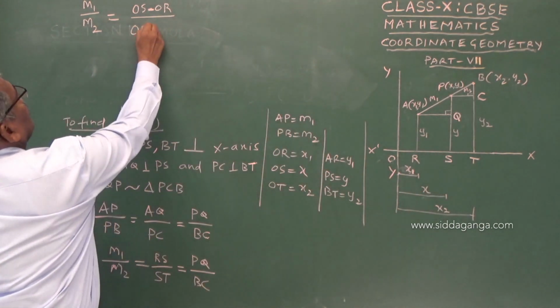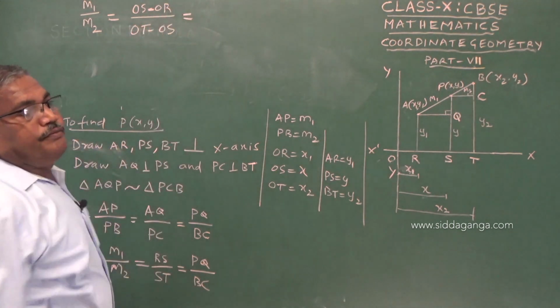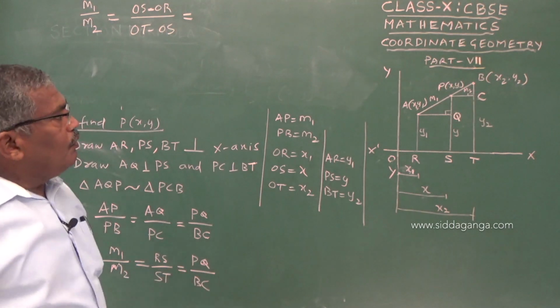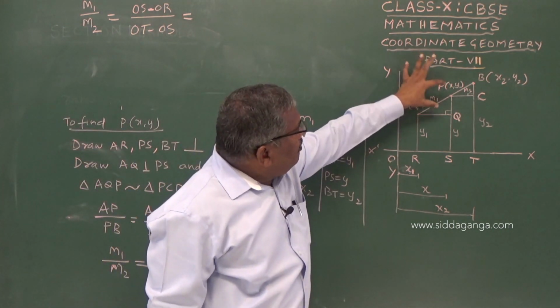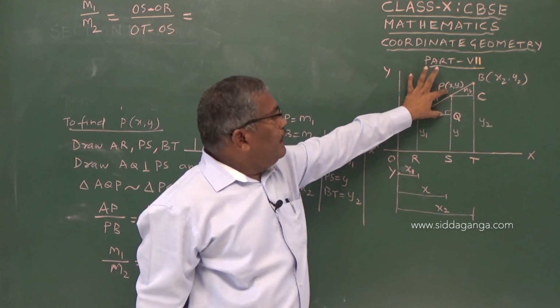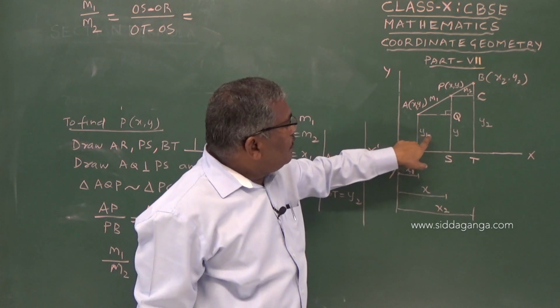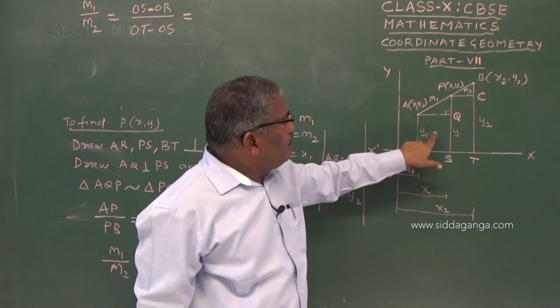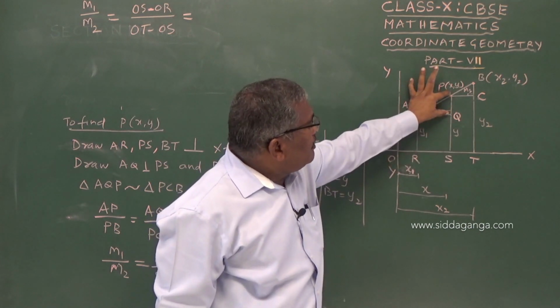This equals PQ. We don't have a separate value for PQ: total is y and this is y1, so if you deduct y1 from y, you will get PQ.